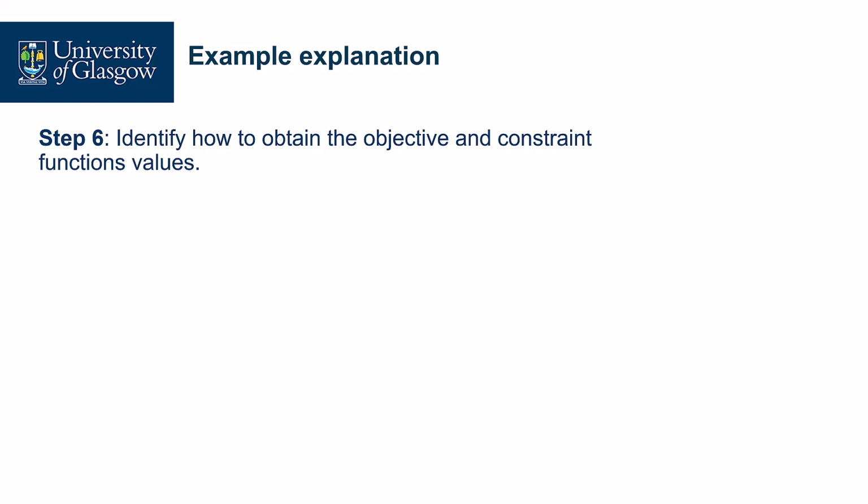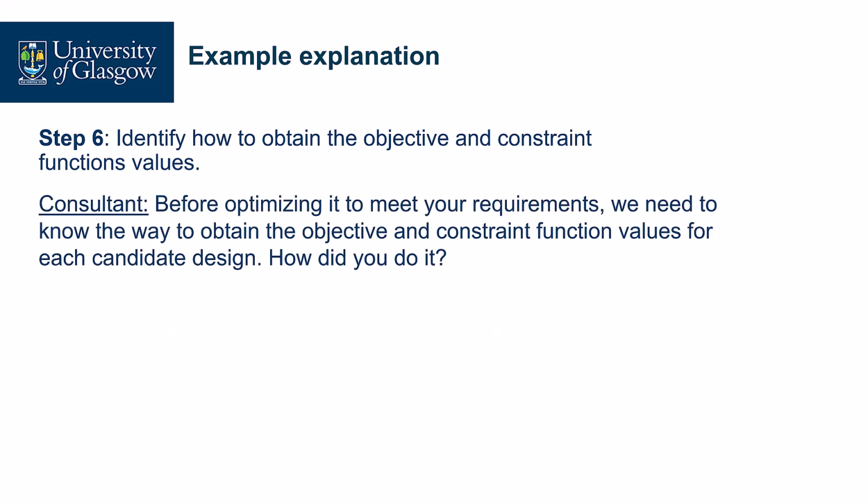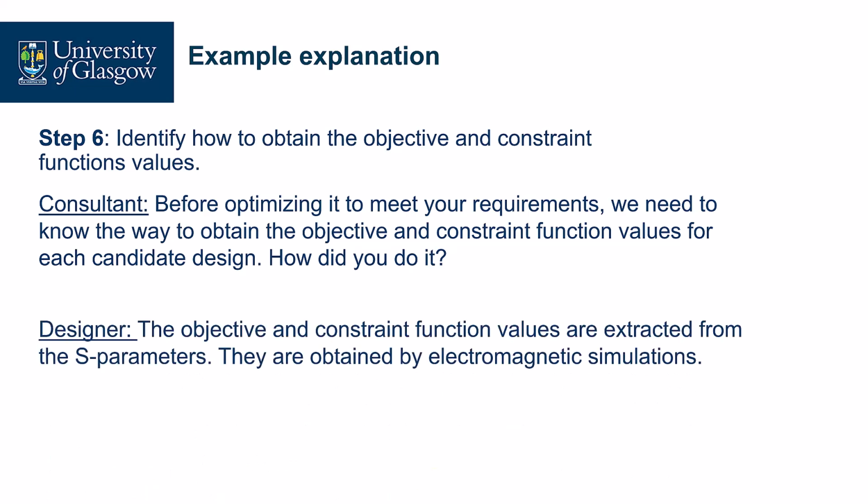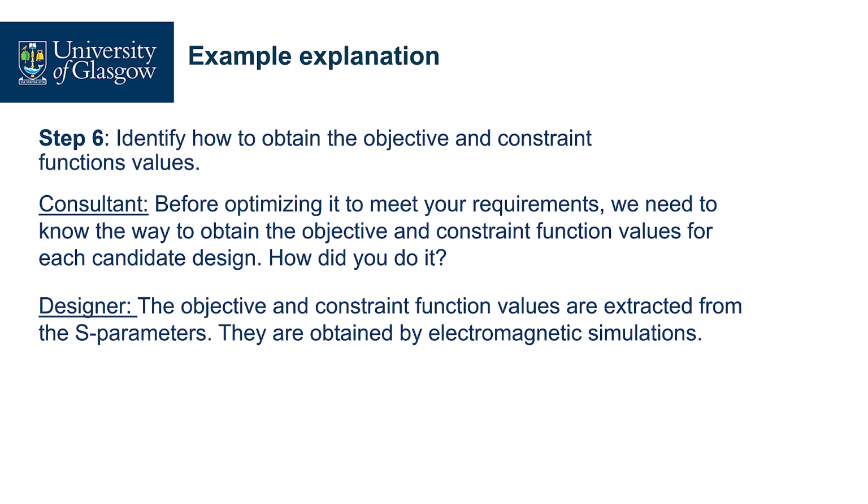Last step, we need to identify how to obtain the objective and the constraint function values, right? In engineering, most of them we can't calculate by writing some simple analytical equations, right? So in this case, before optimizing it to meet your requirements, we need to know the way to obtain the objective and constraint values for each candidate design. So how can you do that? The designers say, okay, these values we extract from the S parameters.